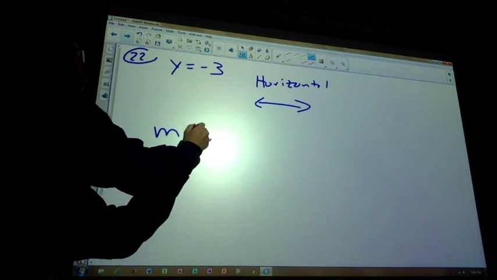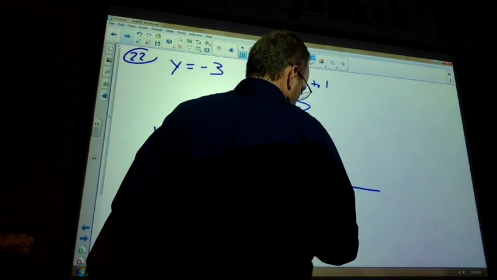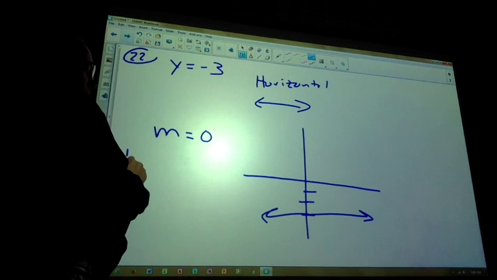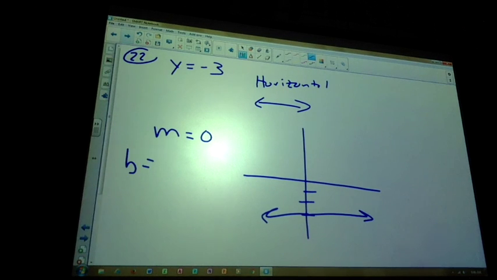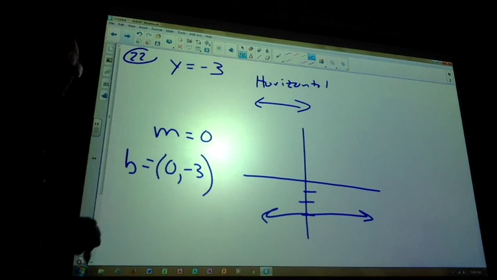Where would this cross? B is 0, negative 3. So the slope is 0, but this will cross the y-axis at negative 3.